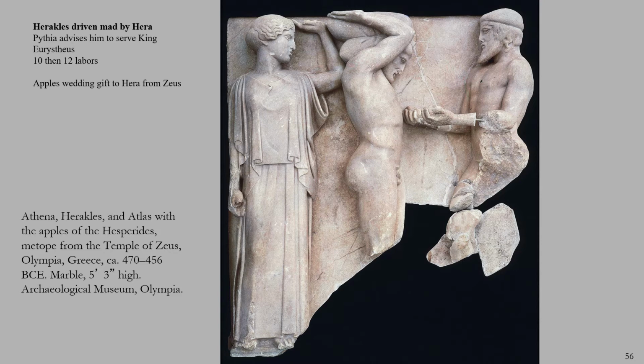The last labor was to take these golden apples from the Hesperides. They're these magical apples. The old Titan Atlas, who held up the world on his shoulder, was the only person who could go and get these.